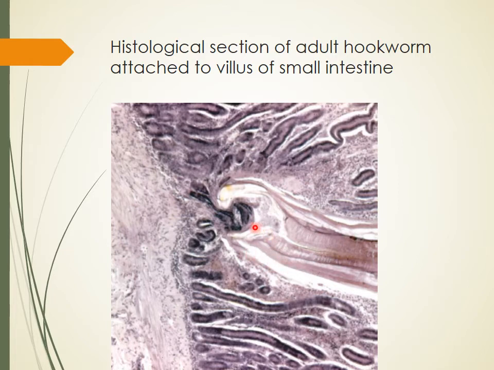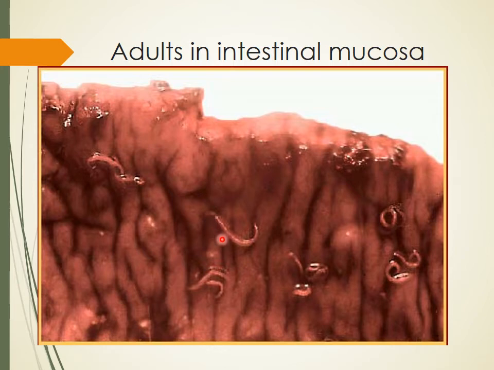The esophagus of the worm produces a pumping action, and with that it continuously sucks the blood from the small intestine. This is how it looks in the intestine. You can see plenty of worms, and they look pinkish because they have sucked a large amount of blood from the intestine.